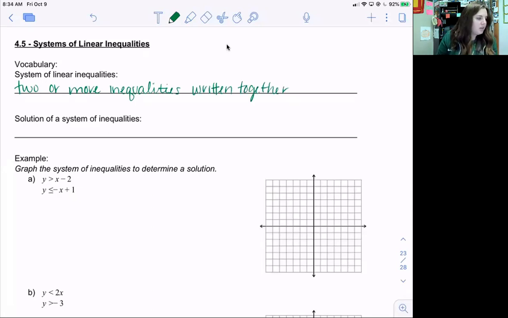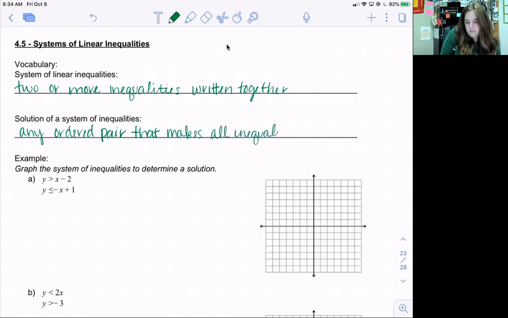A solution of a system of inequalities is any ordered pair that makes all inequalities true.